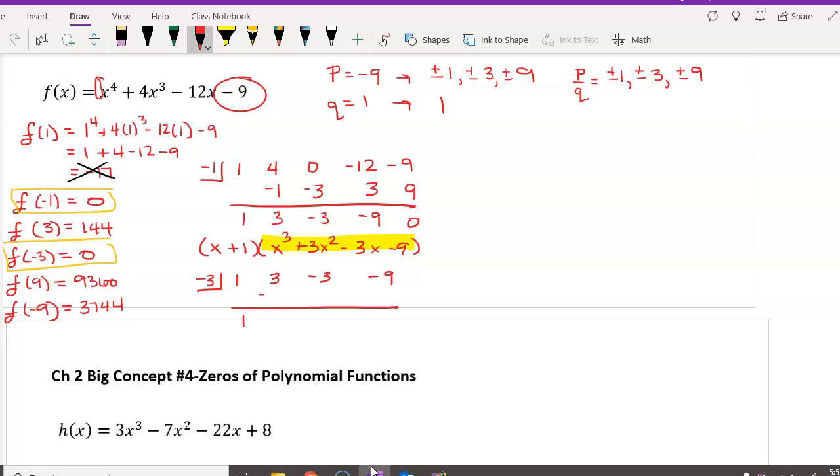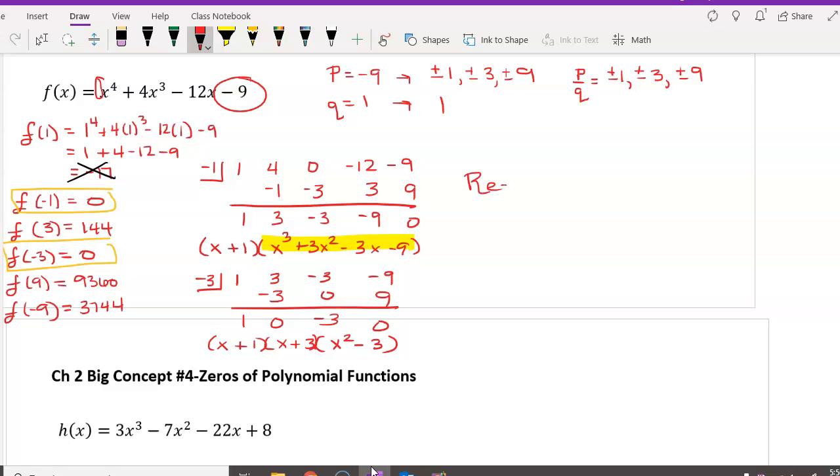Negative 3 times 1 is negative 3. 3 plus negative 3 is 0. Negative 3 times 0 is 0. Negative 3. Just keep going through the motions. And yes, in fact, now we have that this becomes x plus 1, x plus 3, x squared minus 3.